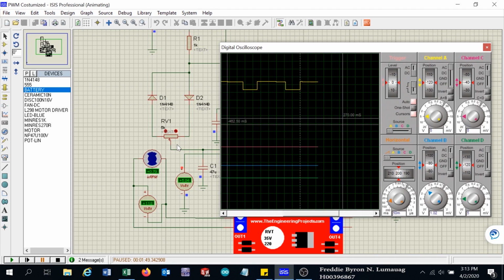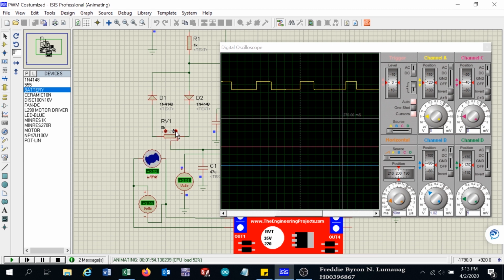So if you vary the potentiometer, and I go back to the minimum value, this is the time only that you have turned on your circuit, or turned on the motor, and only during this time you have given power to the motor.